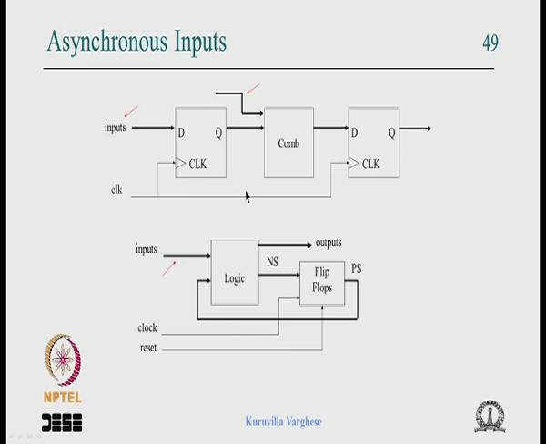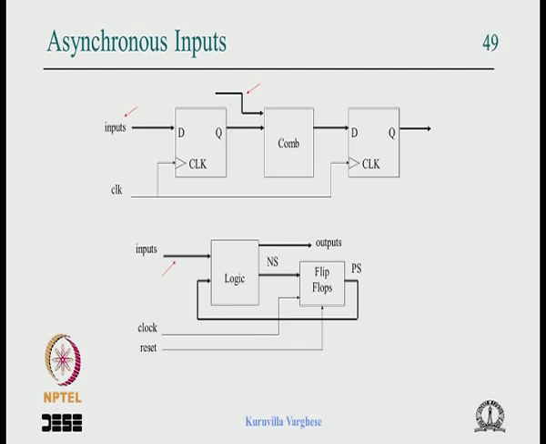So once again, though we have learned metastability, our concentration as far as sequential circuits and data paths are concerned should be on inputs which are not synchronous. If you are a good designer, that is where you should focus your attention. The inputs coming from an asynchronous domain should be handled properly.